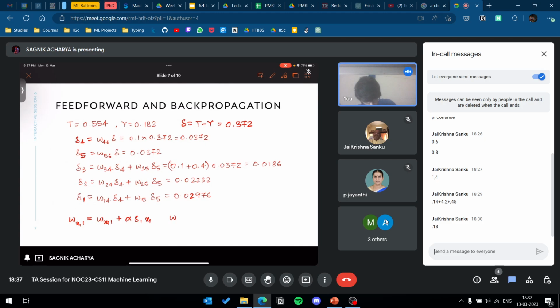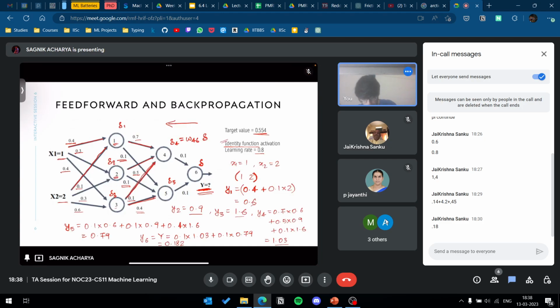Similarly w x2 1 is equal to w x2 1 plus alpha delta 1, and here it will be x2 instead of x1, right? So w x1 1 is this weight, w x2 1 is this weight, w x1 2 is this one, and then this one, and this one.